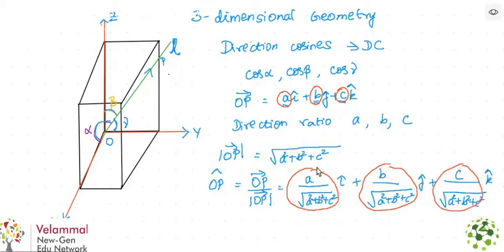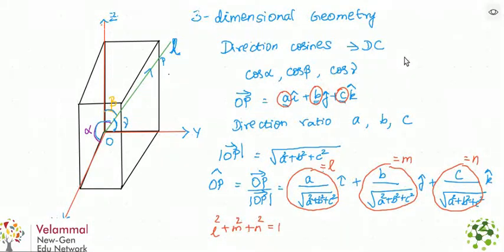So, these three are represented by the letters L, M and N. That is the convention. And the relation between them you can find out is L square plus M square plus N square is always equal to 1. So when you square L, M, N and add them, you will get 1 always. Okay. So that is a special property of direction cosines.